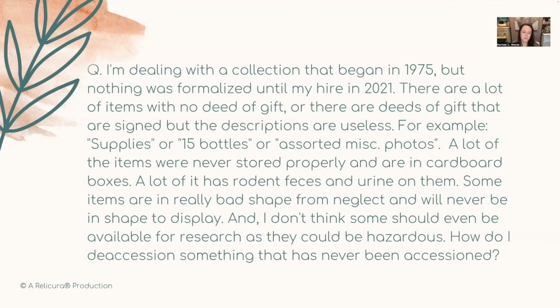A lot of the items were never stored properly and are in cardboard boxes. A lot of it has rodent feces and urine on them. Some items are in really bad shape from neglect and will never be in shape to display. And I don't think some should even be available for research, as they could be hazardous. How do I deaccession something that has never been accessioned?